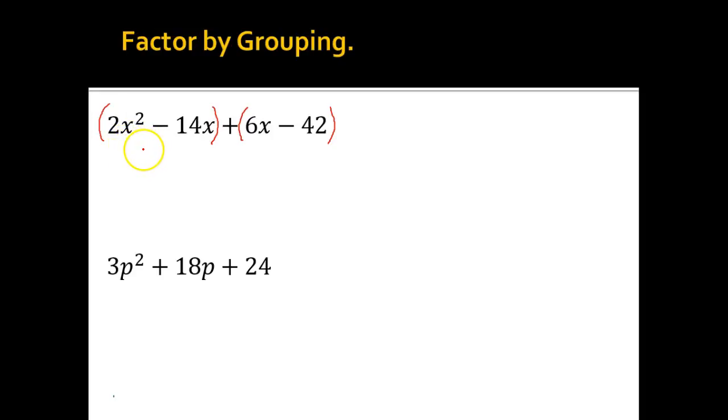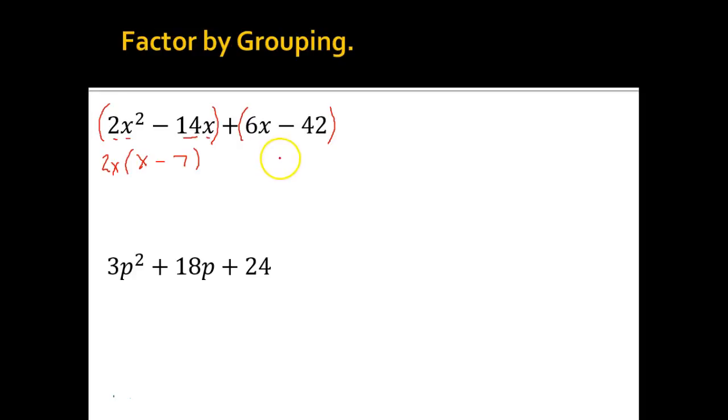So we're going to go back to that GCF concept. What's the GCF of 2x squared minus 14x? It's definitely a 2, right? 2 times 1 is 2, and 2 times 7 is 14. And then there's an x squared there, and there's a single x there, so it's going to be 2x. 2x is our GCF. Divide out 2x, and we get x minus 7.